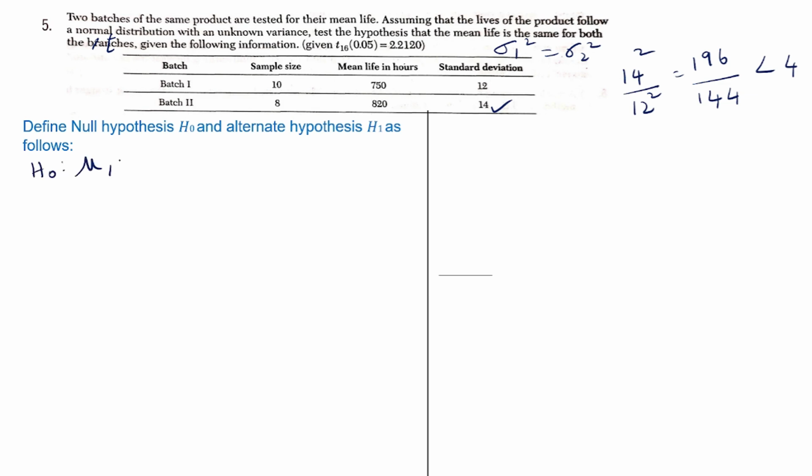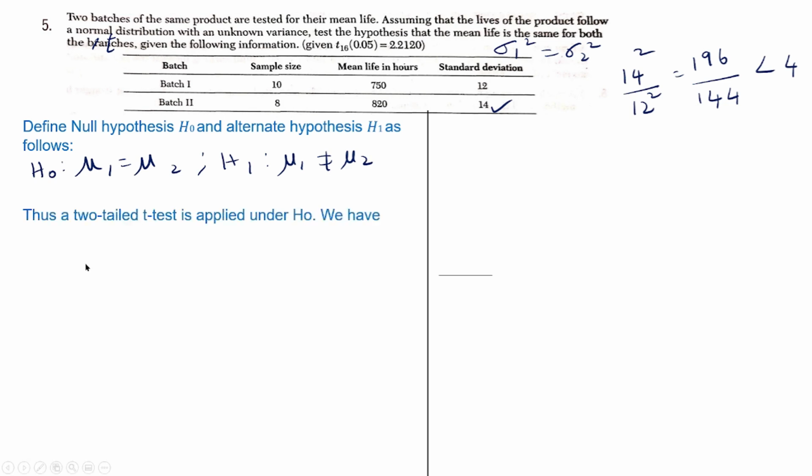H0 is mu1 equal to mu2, that is their population means are same. The alternate hypothesis is mu1 not equal to mu2. Their population means are different. Thus, a two-tailed t-test is applied.